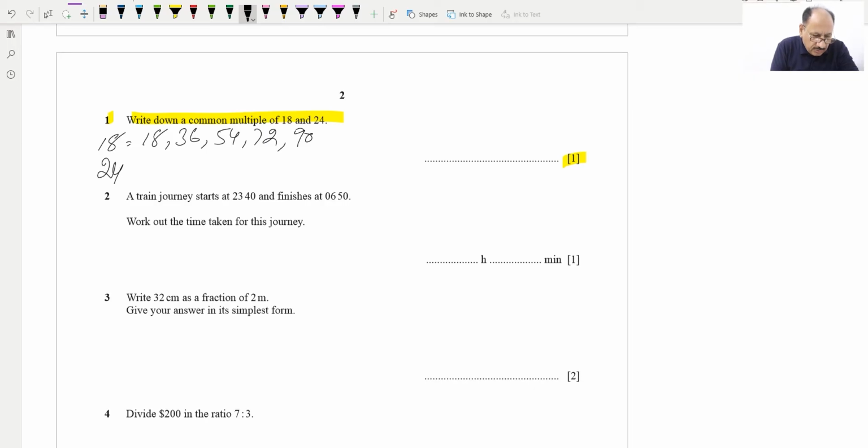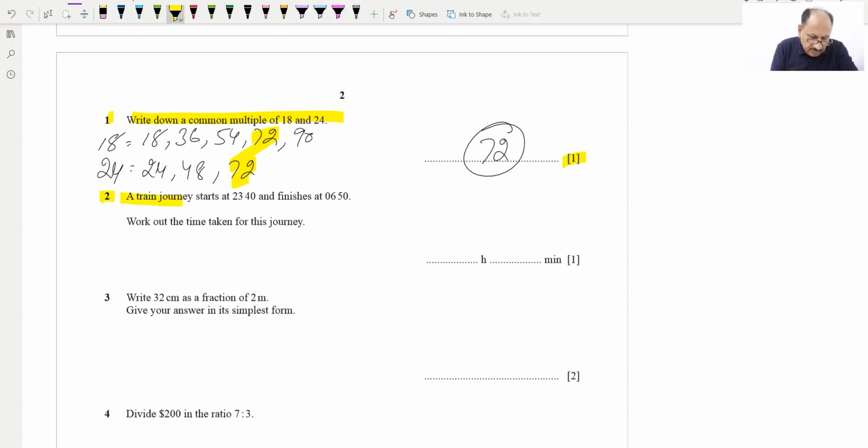Multiples of 24 are 24, 48, and next 72, and we can see 72 is common in both, so 72 will be our answer. You can directly write 72 because this is a 1 mark question, so I've just explained for your understanding.